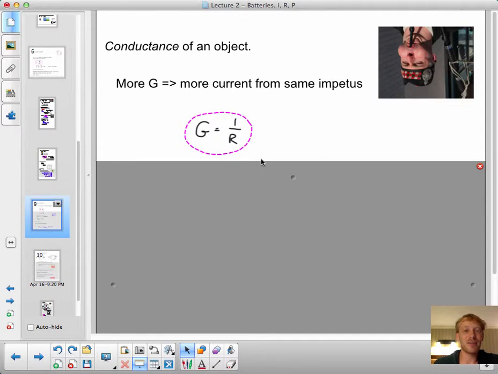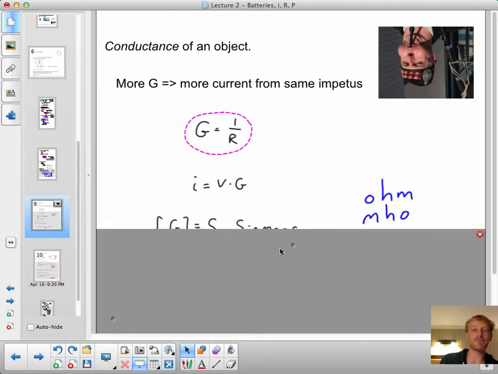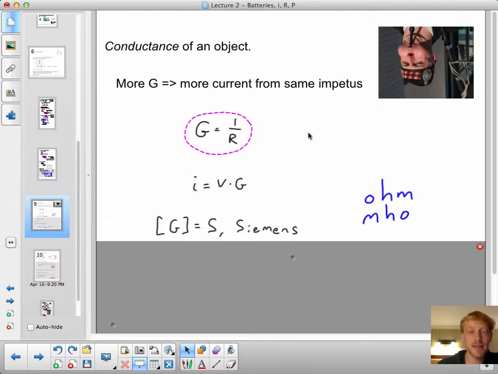If you have an object with more conductance, you get more current across it from the same impetus, the same difference in electrical pressure. This is Ohm's law. Instead of I equals V over R of a resistor, I equals V times G. The current through a resistor equals the difference in voltage across it times its conductance.